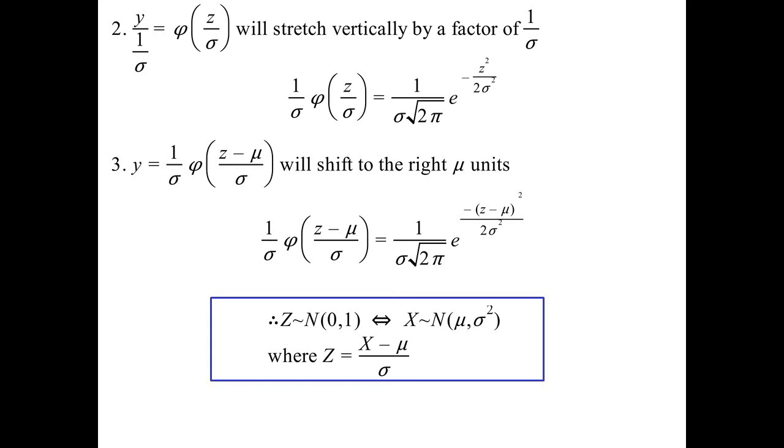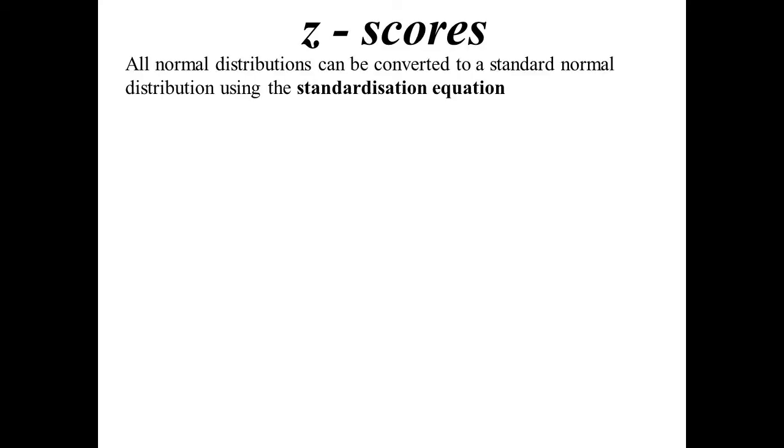The transformation then, capital X, will be this z minus mu over the standard deviation. So that's the key. That's what we need to know. That's how we're going to transform things to a standard normal distribution, which basically brings up z-scores. So all normal distributions can be converted to our standard one using that standardisation equation.